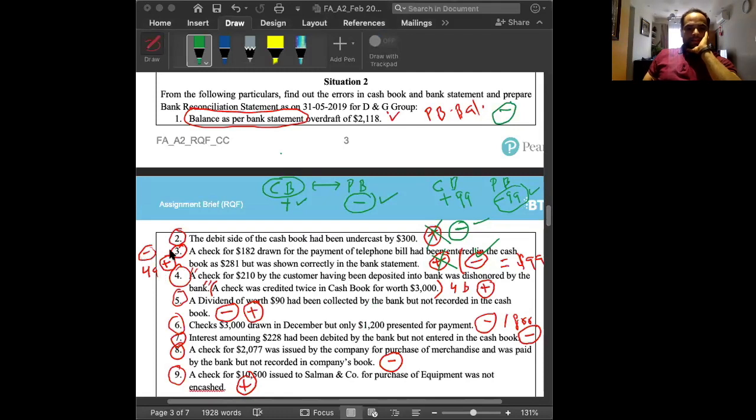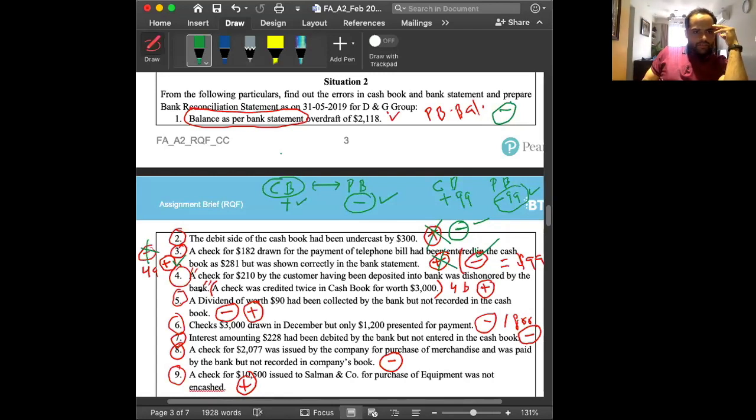The answer is positive, not negative, $210. Exactly the same reason, it's just a check dishonor. Normally we minus, but we're going to perform the exact opposite transaction, which is plus.